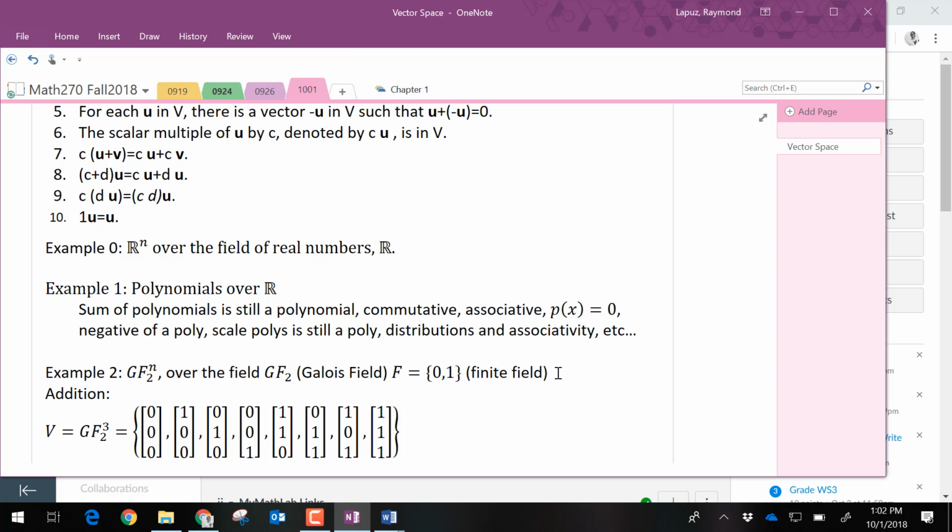For addition, there's only two possible elements to add, so we can add 0 plus 0. What should that be equal to? 0. Seems obvious, but maybe it's not so obvious. 1 plus 0 is 1. 0 plus 1 is 1. And here's the interesting part. 1 plus 1 is what?